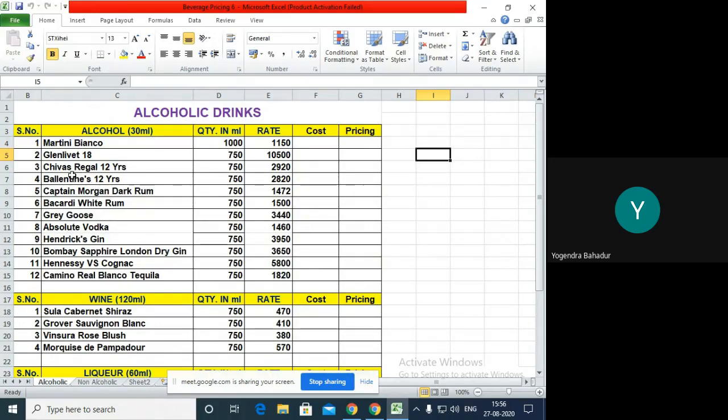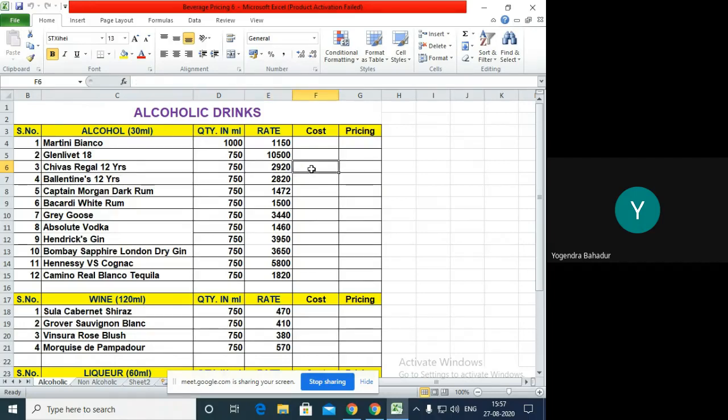First, we are taking it one by one. If I take an example of Shivas Regal 12 years, here the quantity of a bottle is 750 ml and its price is 2920. First of all, we need to find out the cost of one peg, meaning the cost of 30 ml.